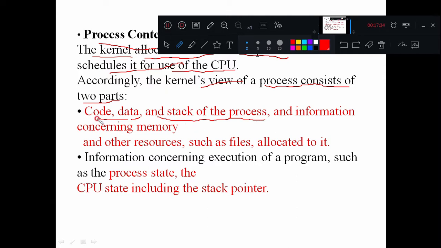One is code, because the process has code and it also has data, and it also has some procedures or functions, right? The stack of a process comes into picture, as I discussed in the first module, only when the procedures or the functions are being called by the main program, right? And information concerning the memory and other resources, such as files, which are allocated to it, right?